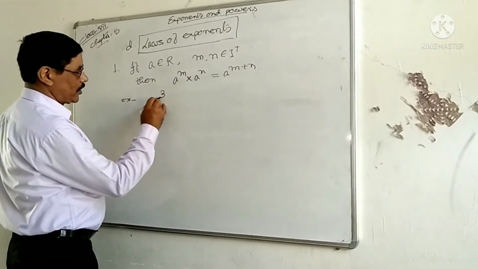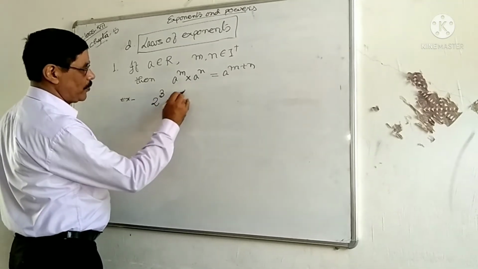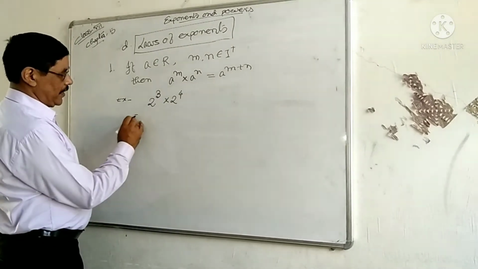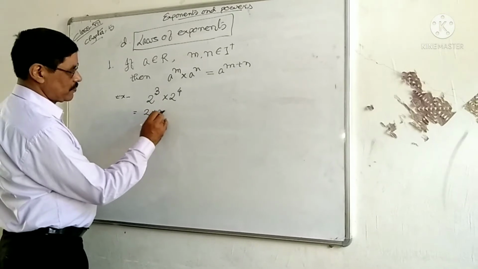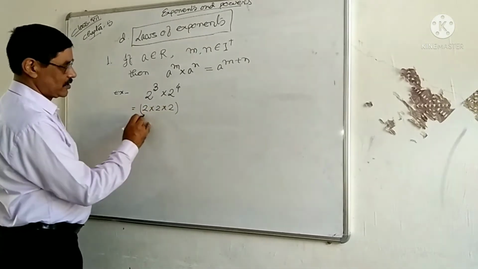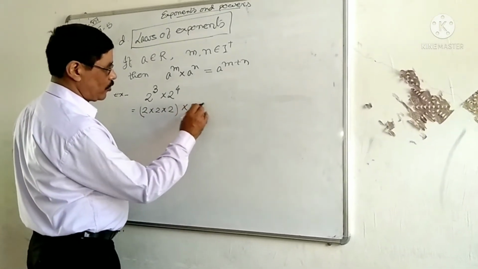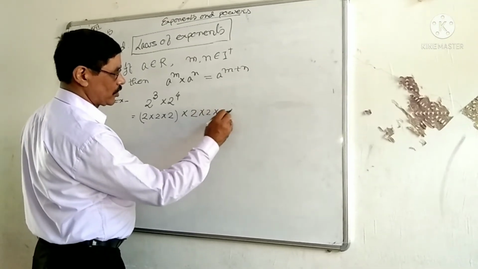Suppose 2 to the power 3 into 2 to the power 4. Here 2 to the power 3 means multiply 2 for 3 times, and 2 to the power 4 means multiply 2 for 4 times.